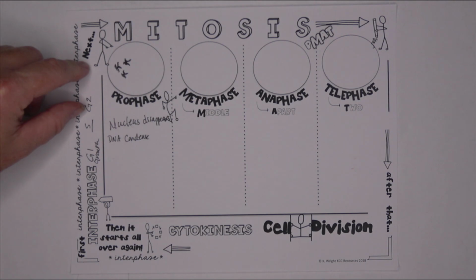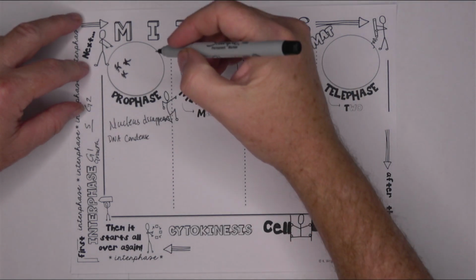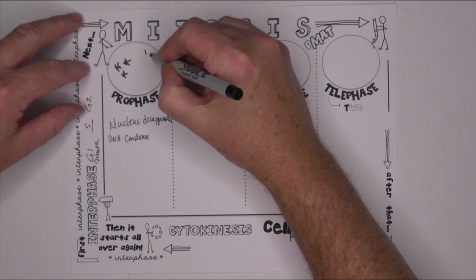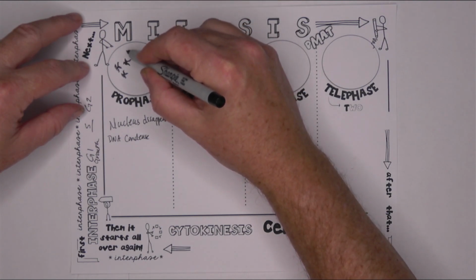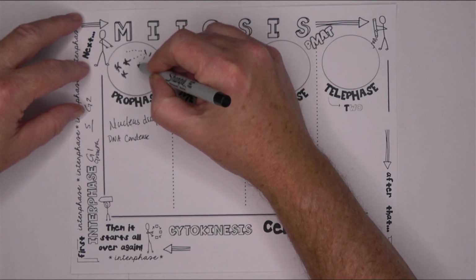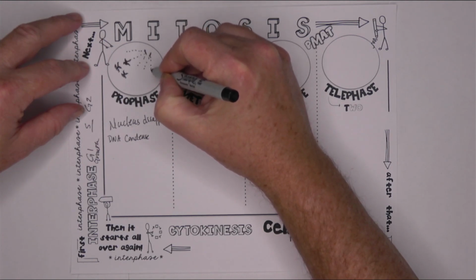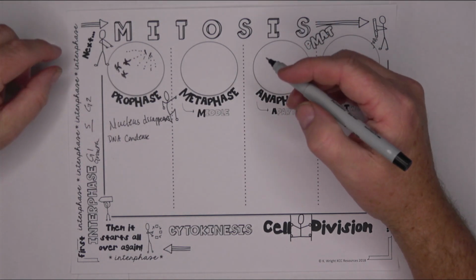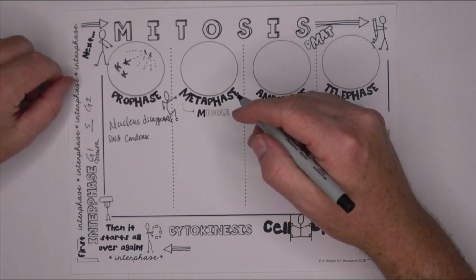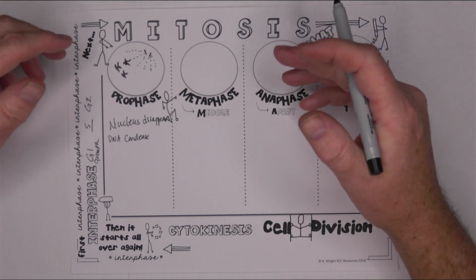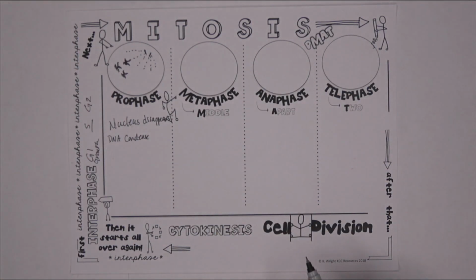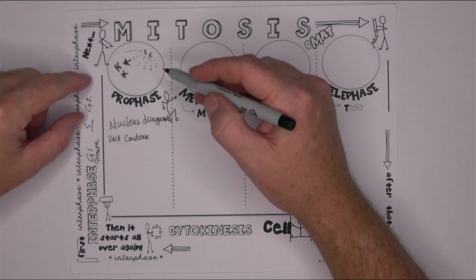The other thing that happens, if it's an animal cell, is that from the centrioles, spindle fibers start forming and stretching across the cell. I'm just making them in dotted lines, but think of these as tubes or strings that are being built, almost like a tower or a pipe being built across the cell.